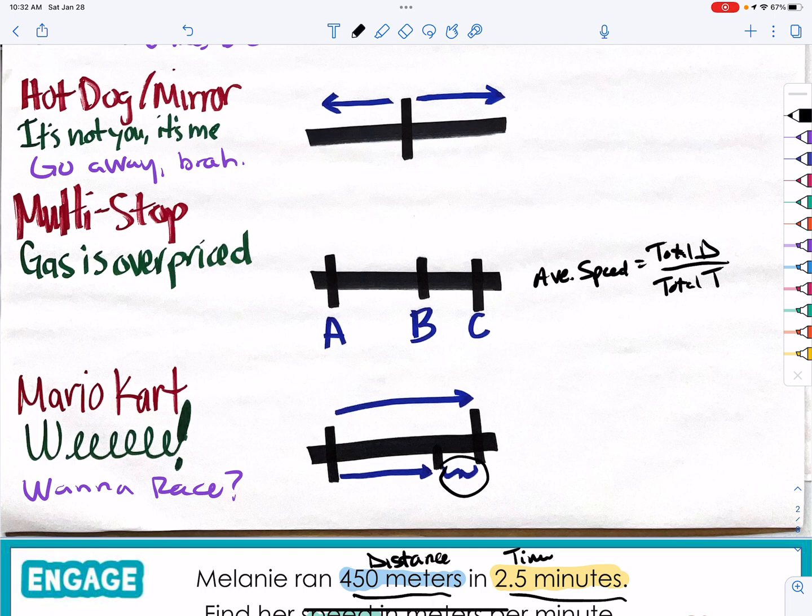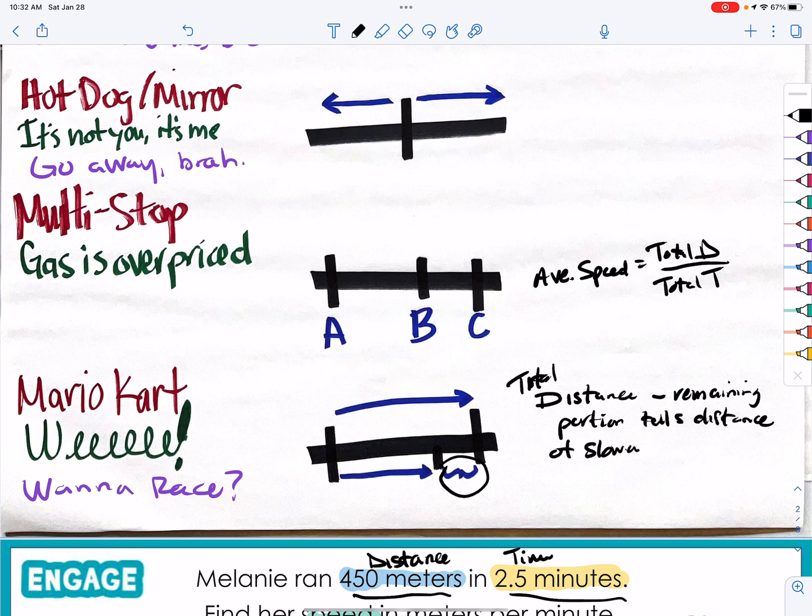Knowing the whole distance, the entire distance, the total distance, I like total distance, the total distance minus the remaining portion tells the distance of the slower vehicle, basically, of the slower thing, because it could be a vehicle, it could be a person, it could be whatever.